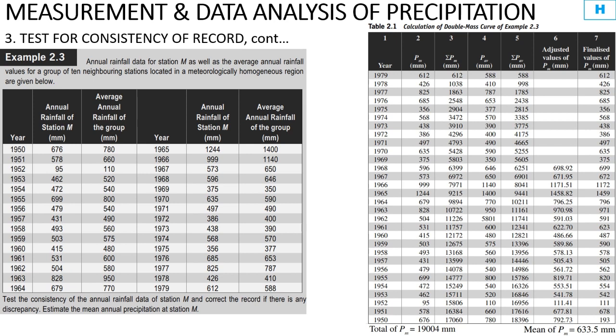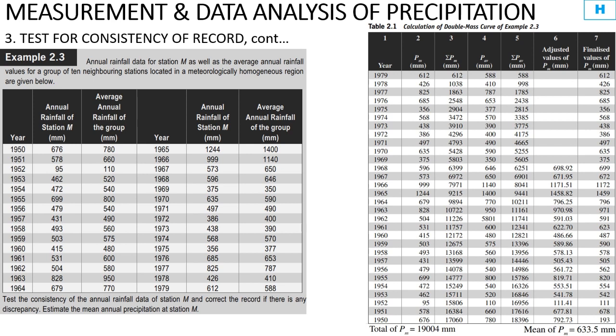And then meron din siyang annual rainfall data of 10 group of neighboring stations. So, itong Station M, meron siguro siyang sudden change, may na-observe na sudden change sa kanya, kaya i-test siya for consistency. How do we do that? We compare it to the neighboring rain gauges sa kanya. So, i-average mo to yon and ito yung makukuha nating data, itong third column.